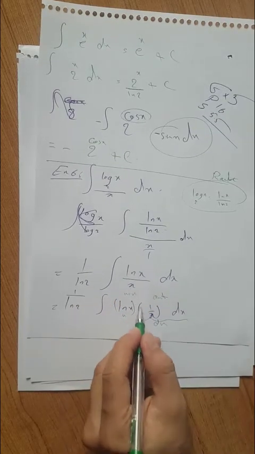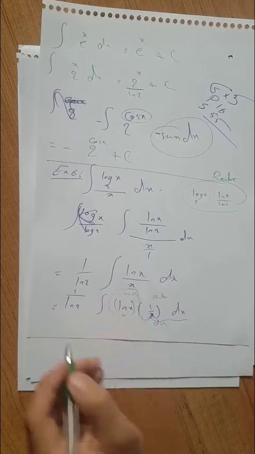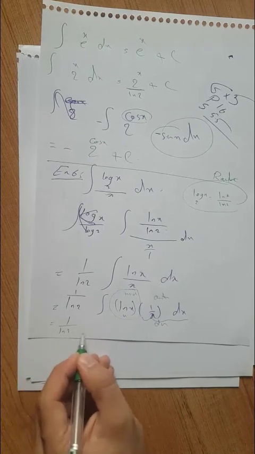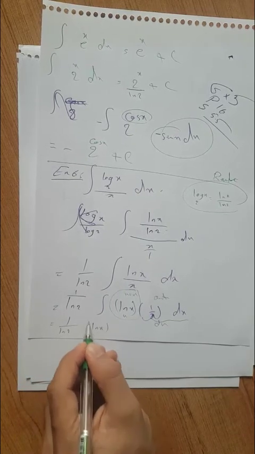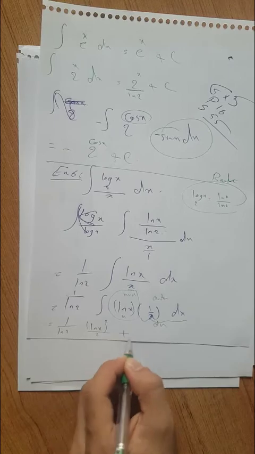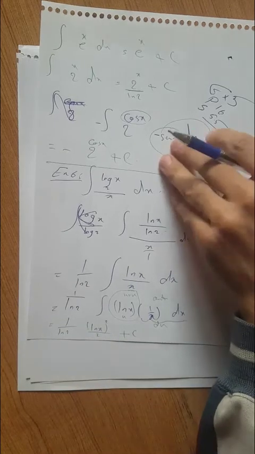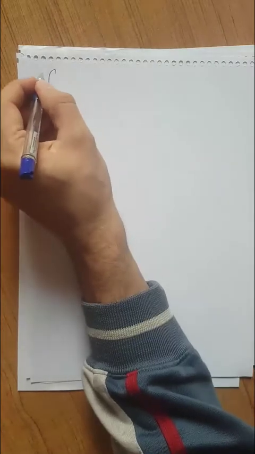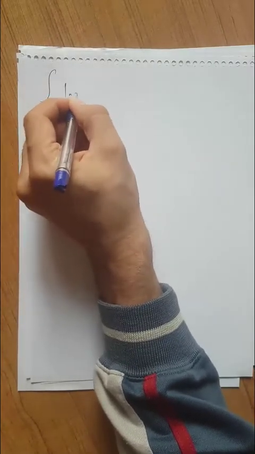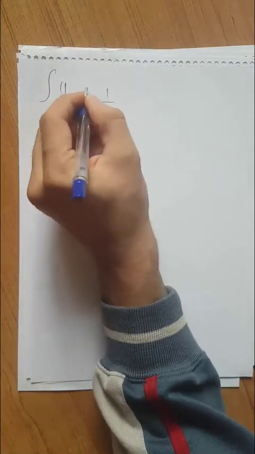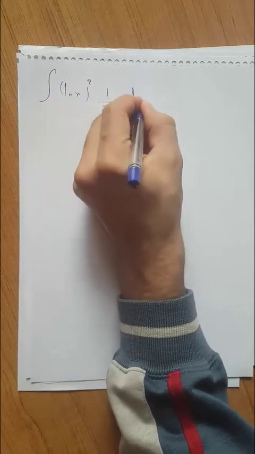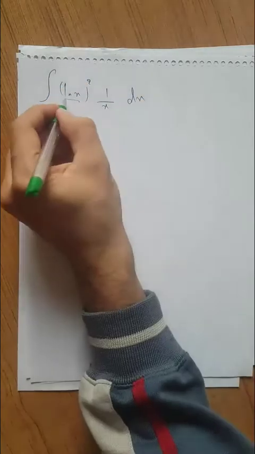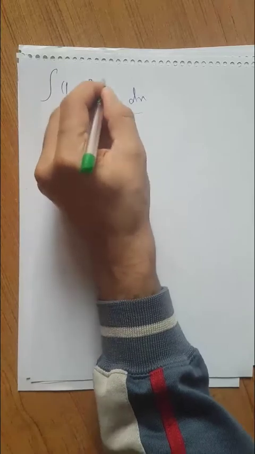Because the derivative of the inside exists, I say it is equal to ln of x to power 2 divided by 2 plus c. Okay, as you also have in your exercise, for example, another example, if you have ln of x with 1 over x dx, you know this is u and we have du.